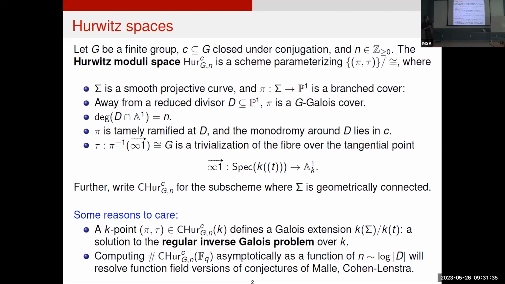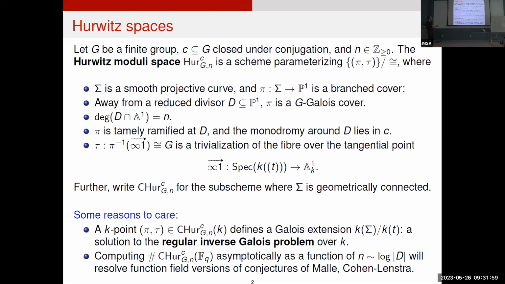And then I'm going to pick a subset of G which is closed under conjugation, I'm going to call it C, and a positive integer n. And then there's a moduli scheme which parameterizes branch covers of the affine line, called the Hurwitz moduli space.